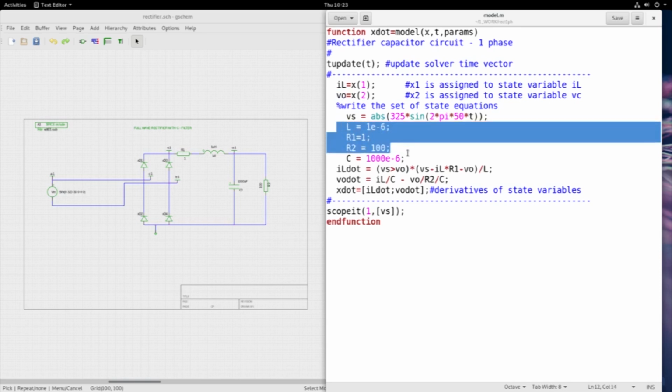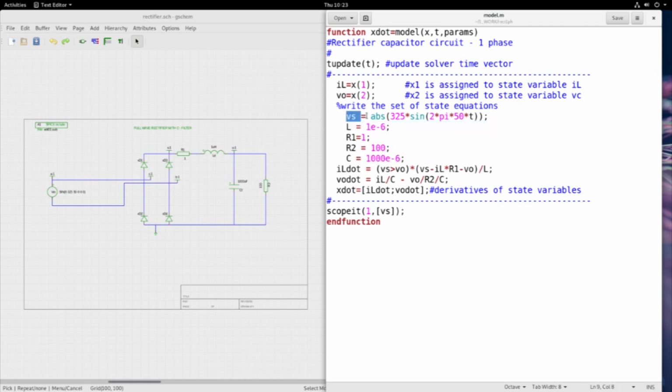And these here are the parameters that I have used for the various components. Vs is the node voltage here at S, and it is nothing but the absolute value, or the rectified value, of the sine wave 325 sin(2 pi ft), which gives the rectified value of the voltage at node S. So if we simulate, we will be able to see waveforms at various points.